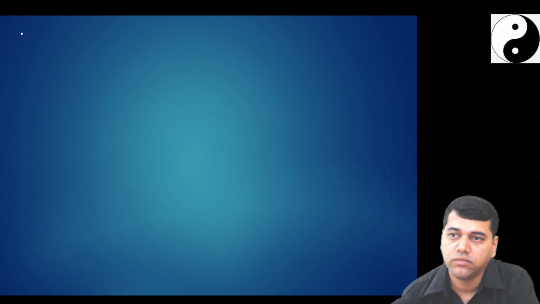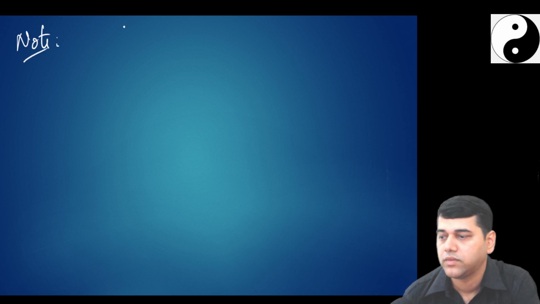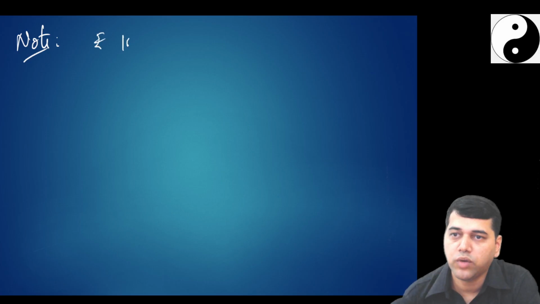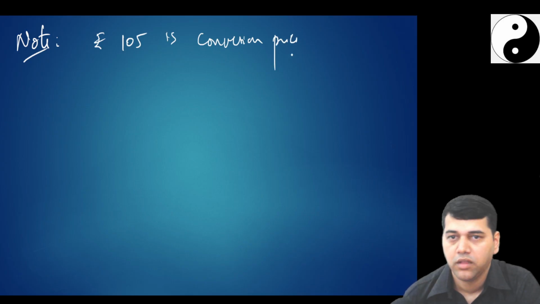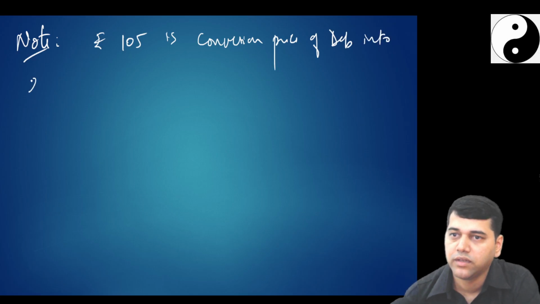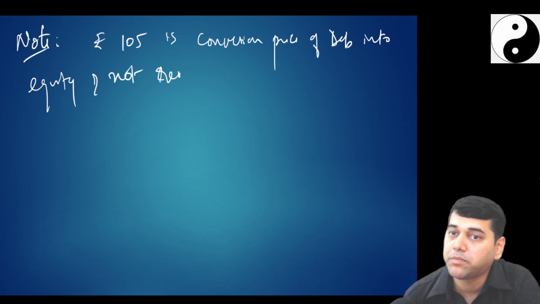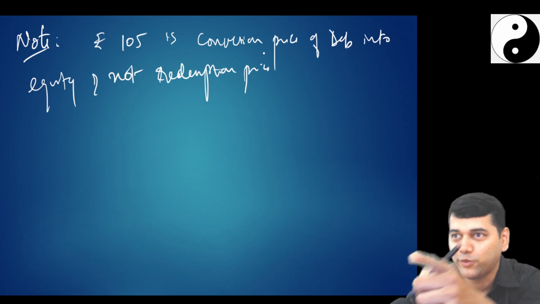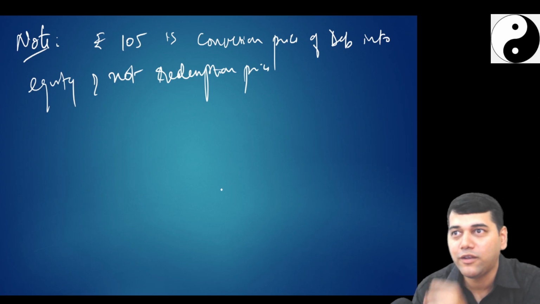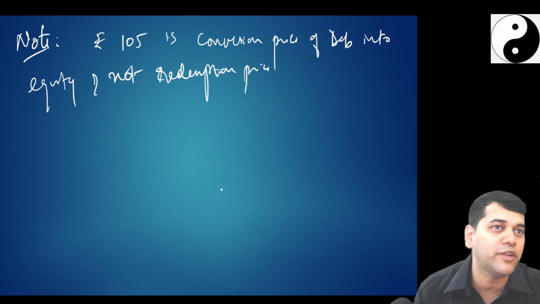So write a note: Rupees 105 is the conversion price of debenture into equity and not the redemption price. You took 105. We should tell, no? Others should have asked me.